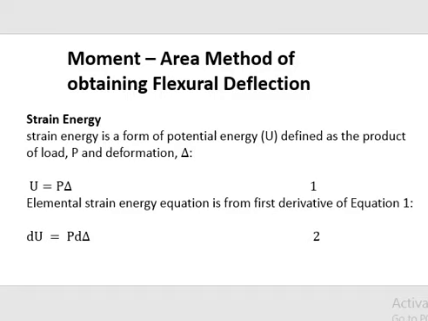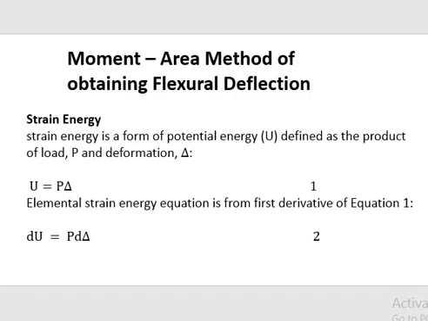The first thing to be done is to determine the strength energy of the element. Strength energy is a form of potential energy defined as the product of loads and deformation, as you can see on equation 1, U representing strength energy, P representing load, and delta representing deformation.